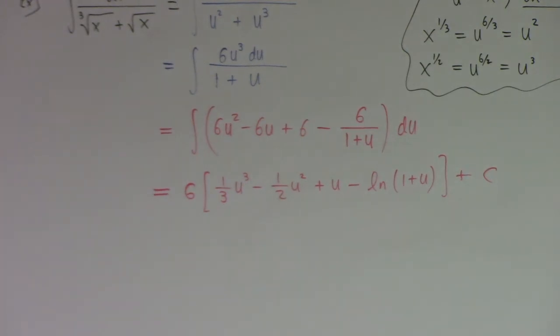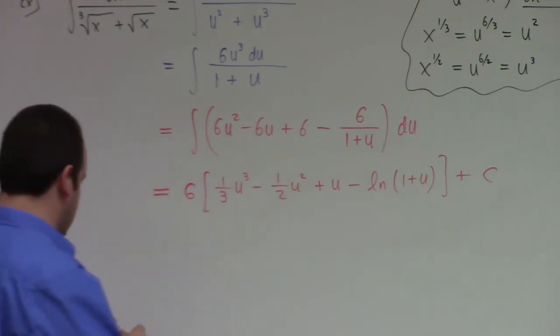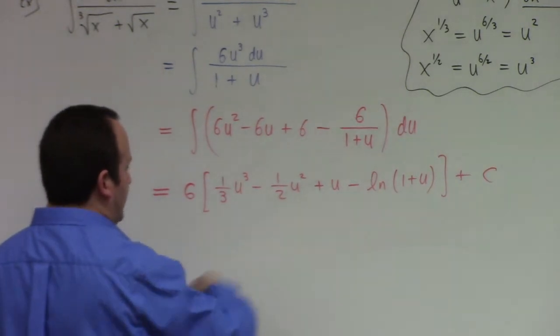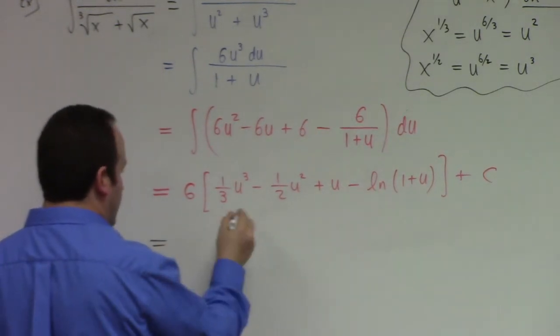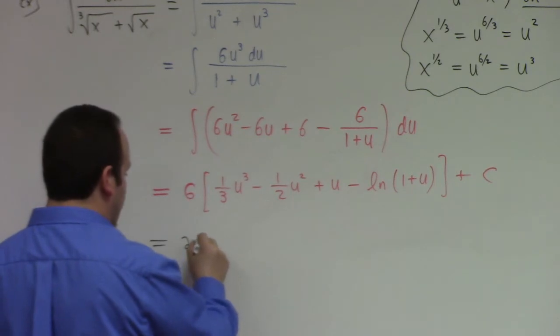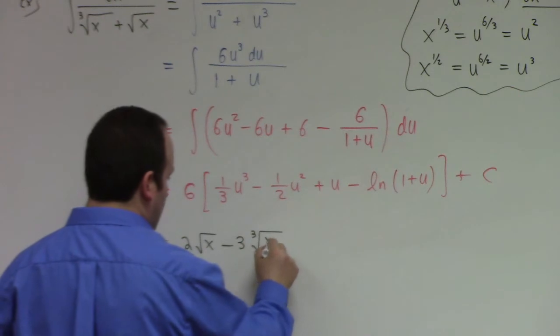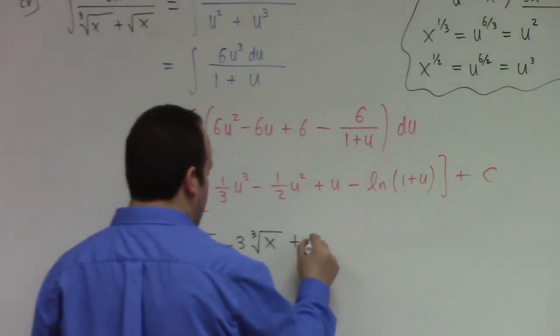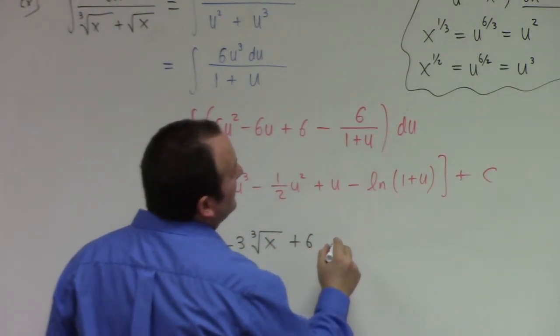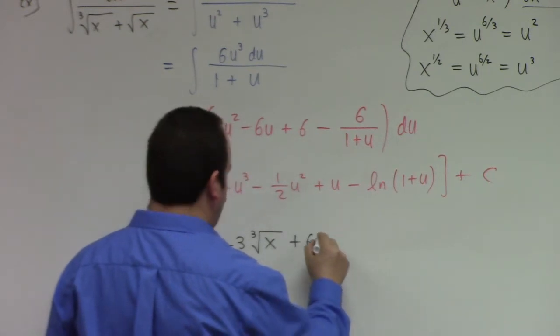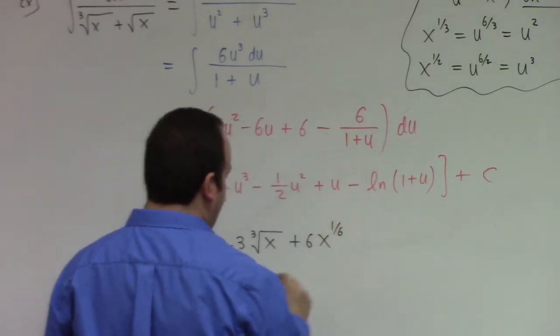We're not done though. We need to write our answer in terms of x. So how do we get back to the world of the x? Let's see here. I'll multiply the 6 back through. 6/3 is what? So I've got 2 square root of x minus 3 cube root of x plus 6 times x to the 1/6 power, the 6th root of x.